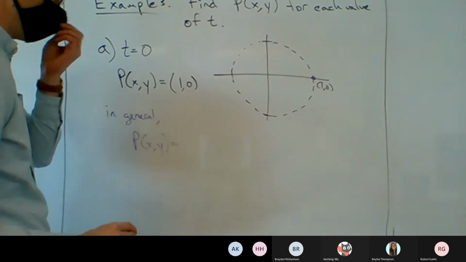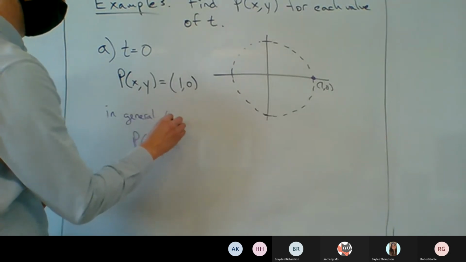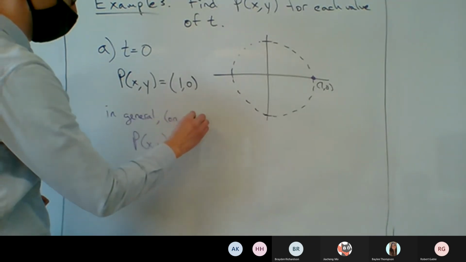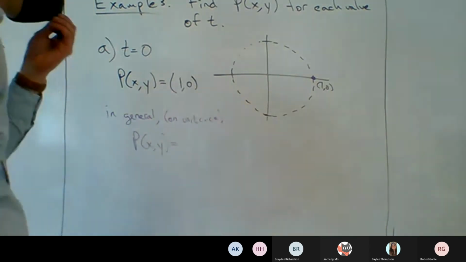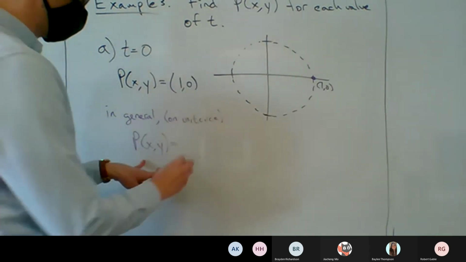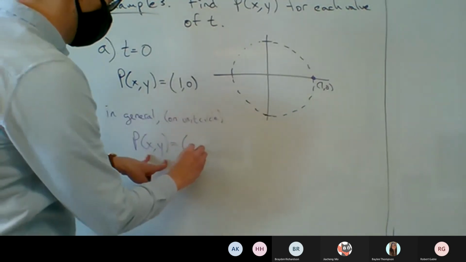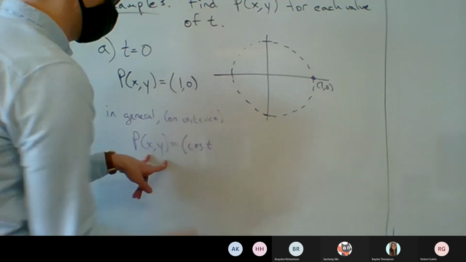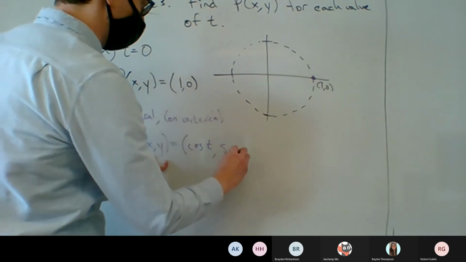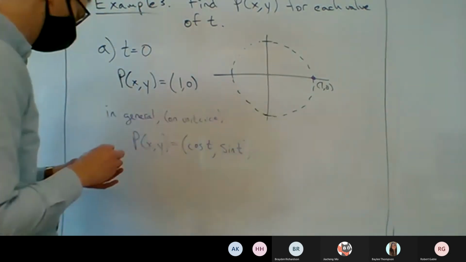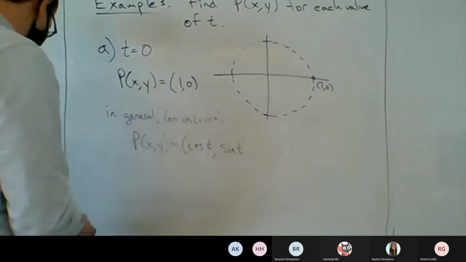Well, I should say in general, but really not complete generality, so let's say on the unit circle, which we're going to be dealing with for the next few days. P of xy is a coordinate point, right? Is equal to cosine of the value t, comma, sine of the value t. That's kind of giving it away. This is kind of like what we're building up to today, but whatever, there it is.